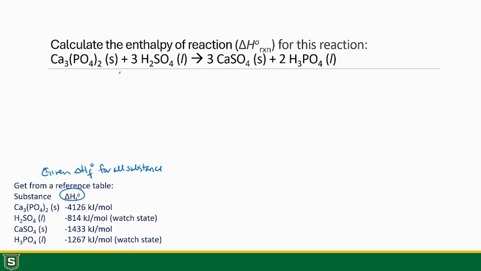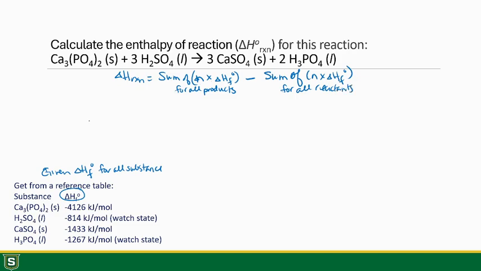Okay, we have the enthalpy of reaction is equal to the sum of enthalpies of, well, actually it's n, which would be my coefficient. So it's how many moles am I making, which is really my coefficient, times the standard enthalpy of formation for all products, minus the sum of moles times standard enthalpy of formation for all reactants.